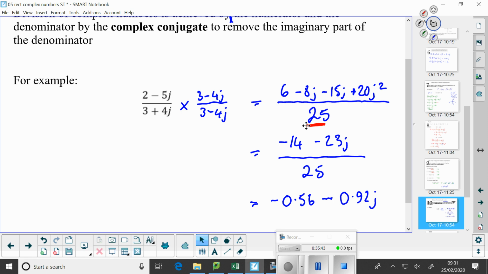We get rid of the j term, and the denominator is equal to these two numbers, 3 and minus 4, squared and added together. Then we simplify the top by multiplying out and divide each term by the denominator to get our final answer. Am I right with those two constants?